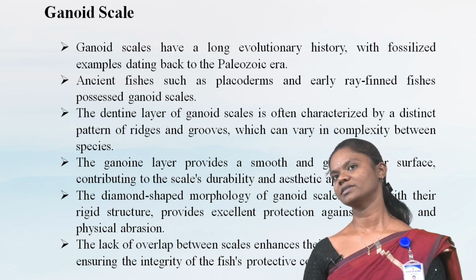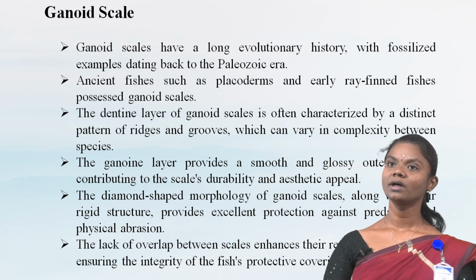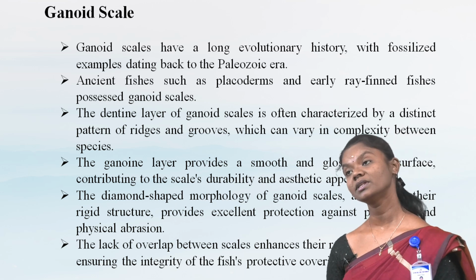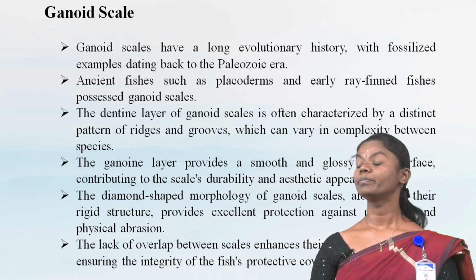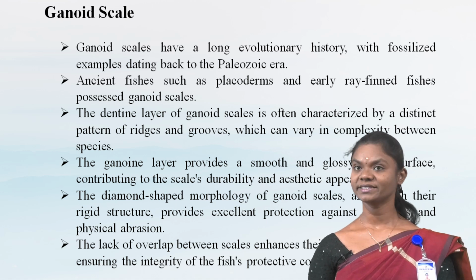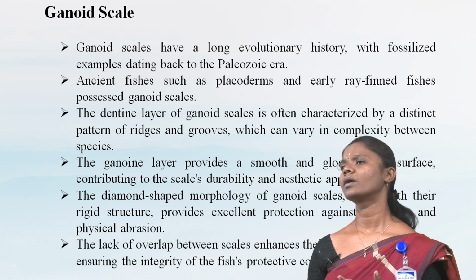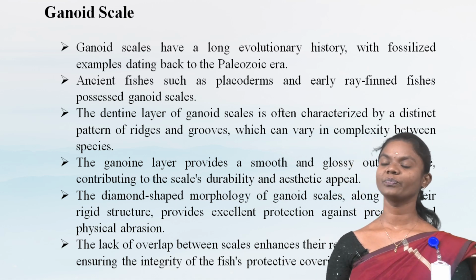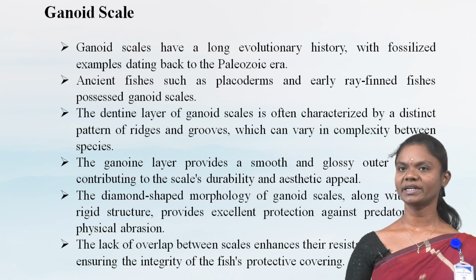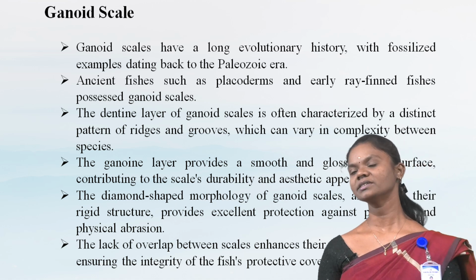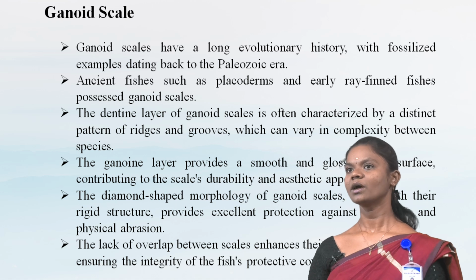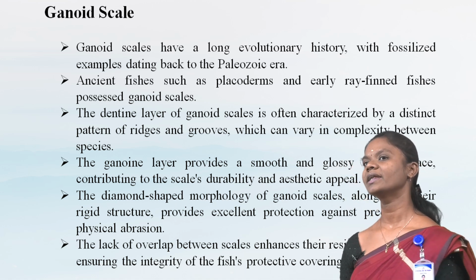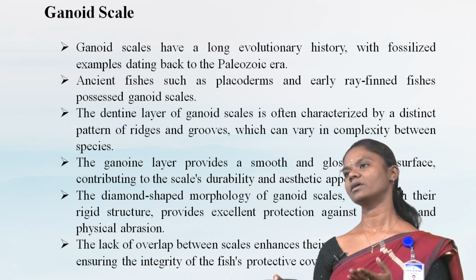And ganoid scales. The ganoid scales have a long evolutionary history with fossilized examples dating back to the Paleozoic era. Ancestor fish, such as bichirs, early ray-finned fish, possessed ganoid scales. The enamel-like layer of ganoid scales is often characterized by distinct patterns of ridges and grooves, which can vary in complexity between species.